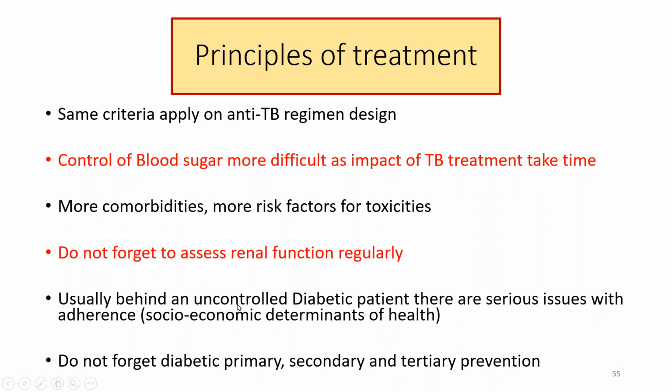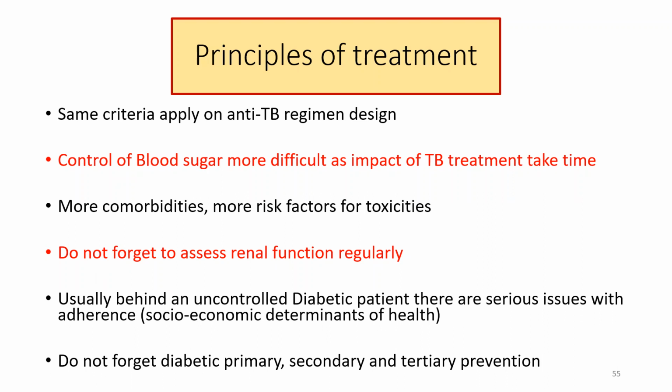Now, usually behind an uncontrolled diabetic patient there is a serious issue with adherence, which is a socioeconomic determinant of health. If your patient does not have controlled diabetes, they are at risk of being sick, and that might also affect how they take treatment for the DRTB.